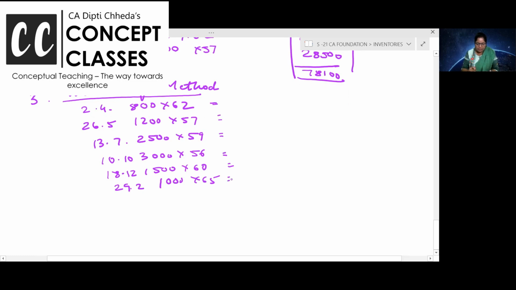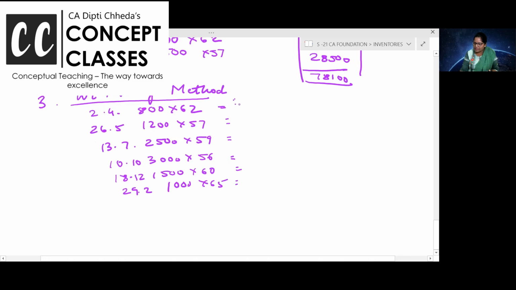800 into 62. This is 49,600. $1,200 into 57. 2,500 into 59. 3,000 into 56. 1,68,000.